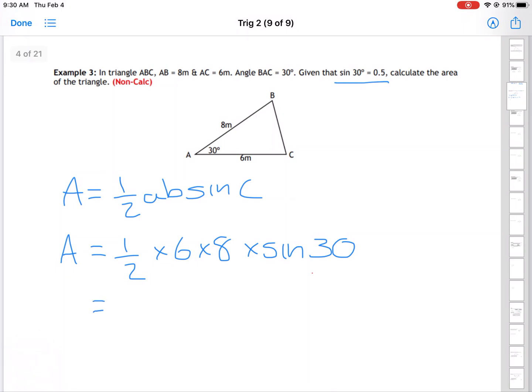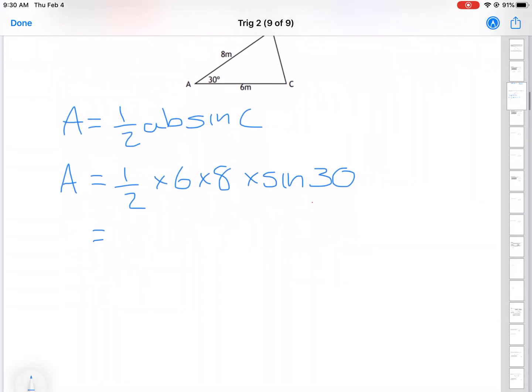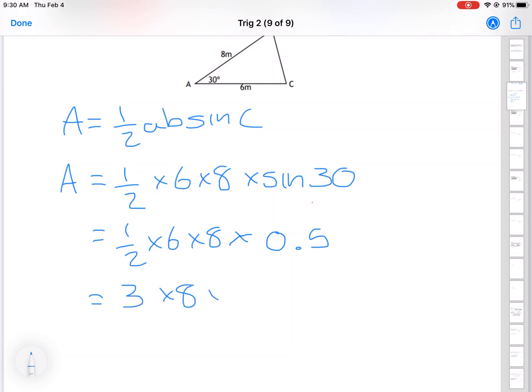Now, what we can do here is say that it's a half times 6 times 8 times sine 30, which we were already told is 0.5. So we can replace that sine 30 term by 0.5. Now, half of 6 is 3. We want to times that by 8, times that by 0.5. 3 times 8 is 24.